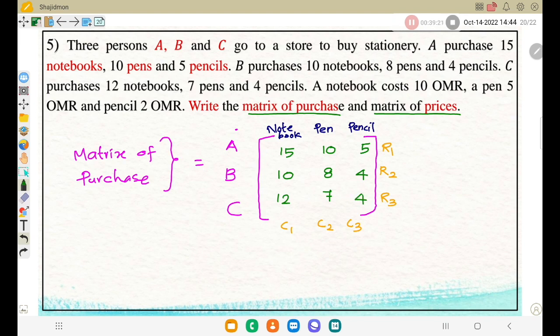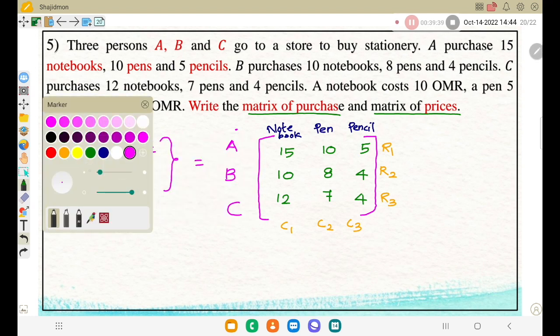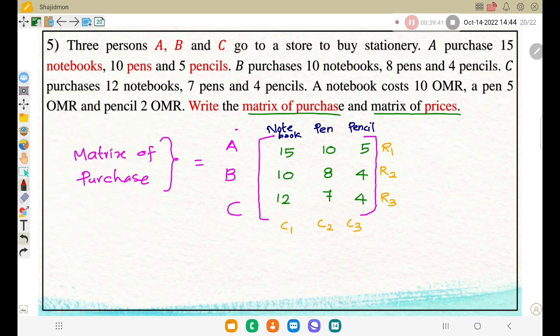So this is the matrix of purchase. We are writing only how many they purchased: the first person, how many of each item, the second person, how many of each item, and the third person, how many of each item. Now what is the second question? The second question is the matrix of prices.